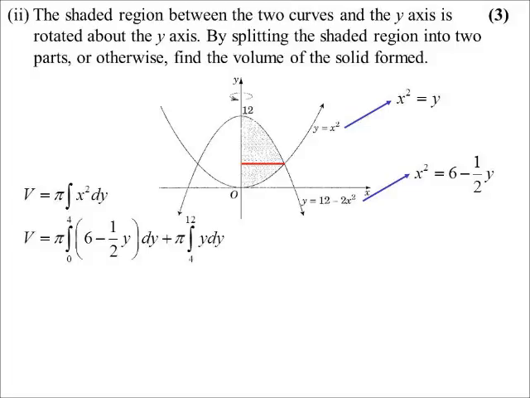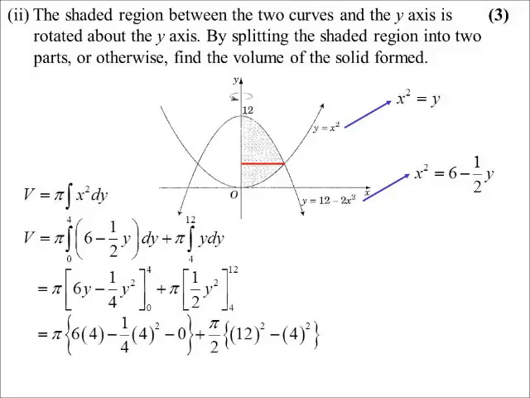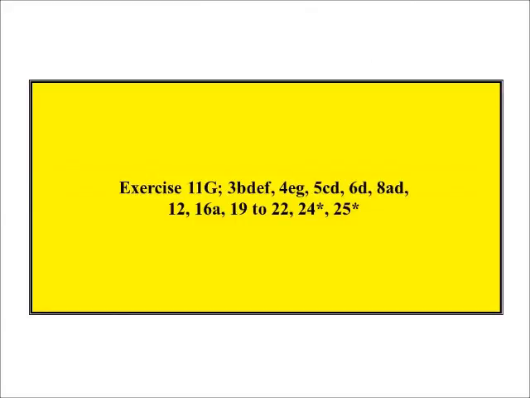So adding these two together. Now I can't combine these integrals, I've got different limits, so I have to treat them as different ones. Add 1 to the power over the power, substitute in, a bit more calculation, we get 84 pi units cubed.